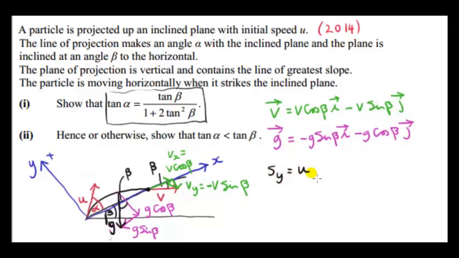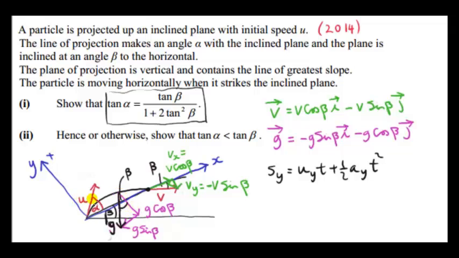So sy, as we know, is uy times t plus a half ay times t squared. This is a formula for linear motion with constant acceleration, so we're just dealing with the y component of the motion of the projectile. The y component has constant acceleration ay. That's actually given by this vector here.